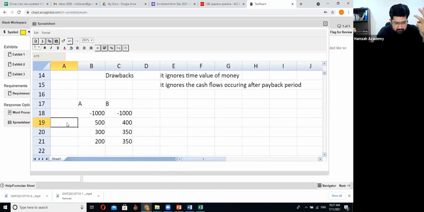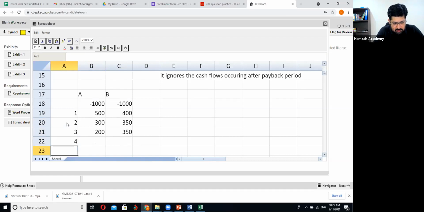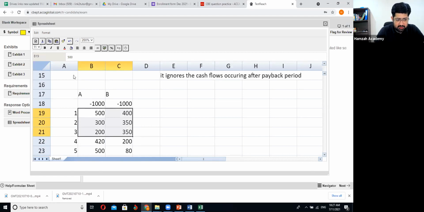But from year 4 onward, for example, it has cash flows 420, 500. It has cash flows 280. Now, based on cash flows, payback period, sorry, both are okay.